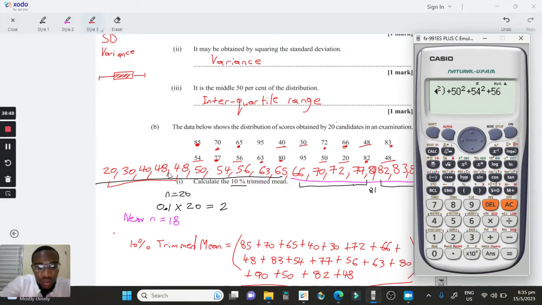56 square plus 63 square plus 65 square plus 66 square plus 70 square plus 72 square plus 77 square, and we're out of space.